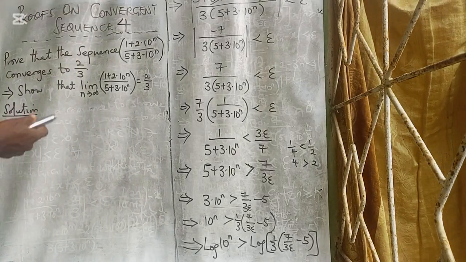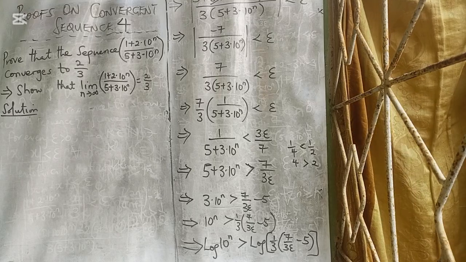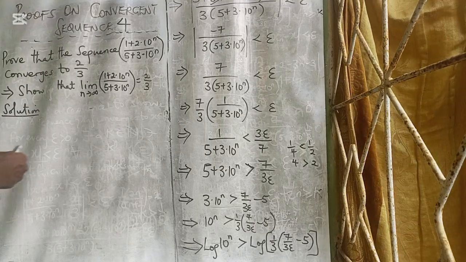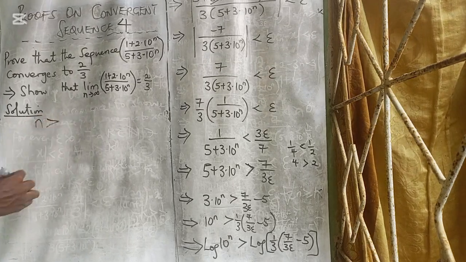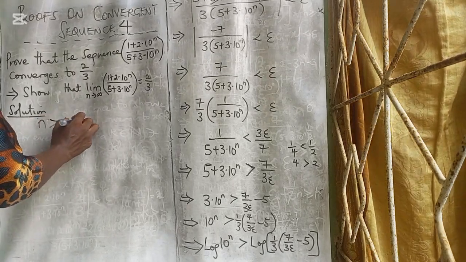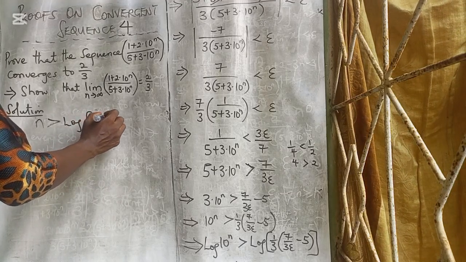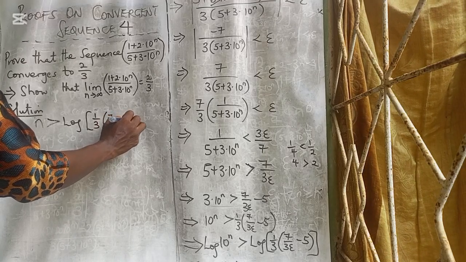We have n to be greater than the log of 1/3 × (7 over 3 epsilon minus 5).